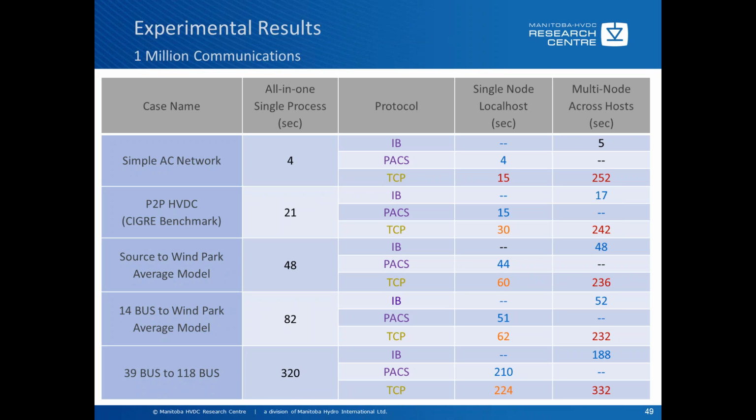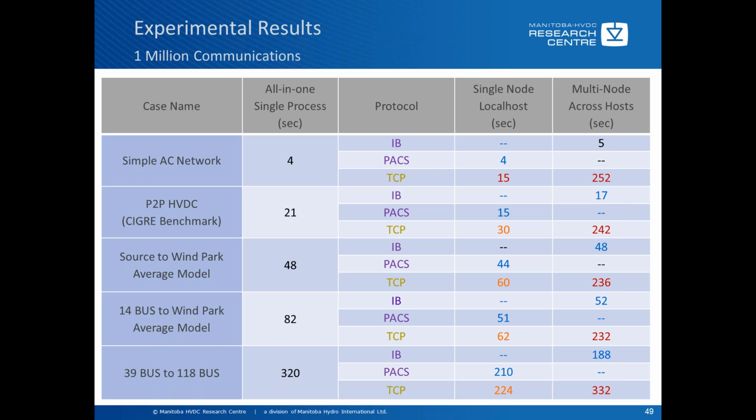Now the numbers are all standardized to seconds and microseconds. All our simulations run for 1 million steps, because we want to make sure that we're benchmarking apples to apples. So we're using 1 million communication steps.